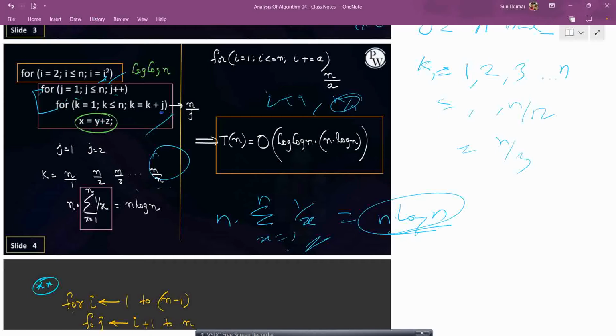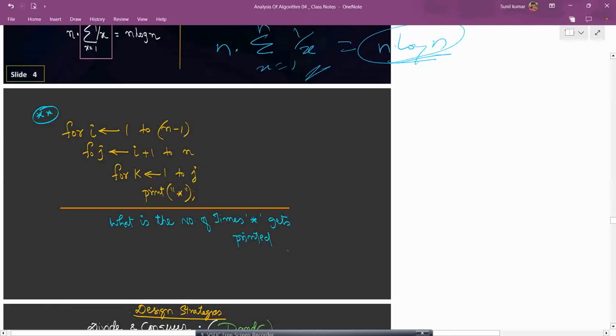Because this is the case we already solved, the order of this is n log n. This is the time complexity for this.